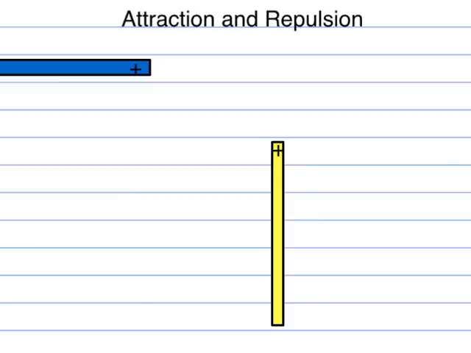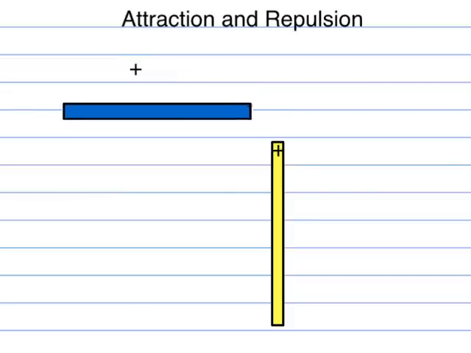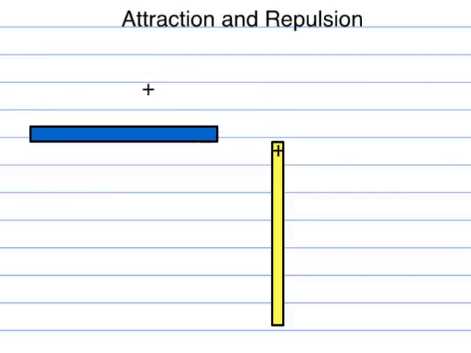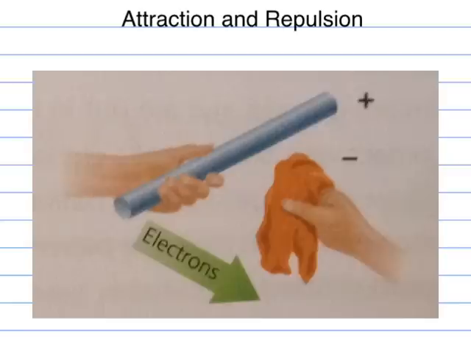Now, how do they get themselves charged? There are two ways they can become charged. We can look here at a Perspex rod, with a cloth.